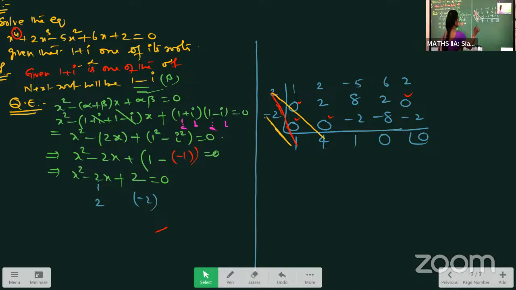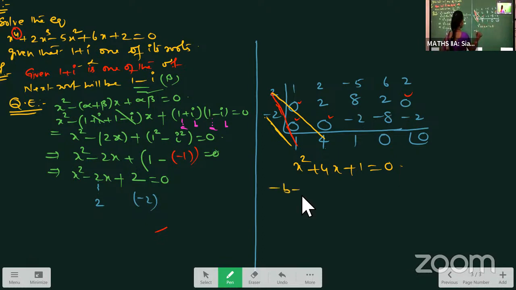Now, what elements are left to you here? You write this one as x square plus 4x plus 1 is equal to 0. This one is left. Now, x equals minus b plus or minus under root b square minus 4ac by 2a.